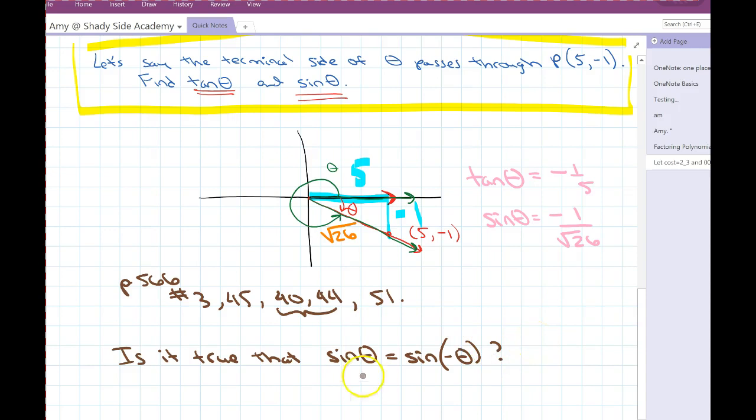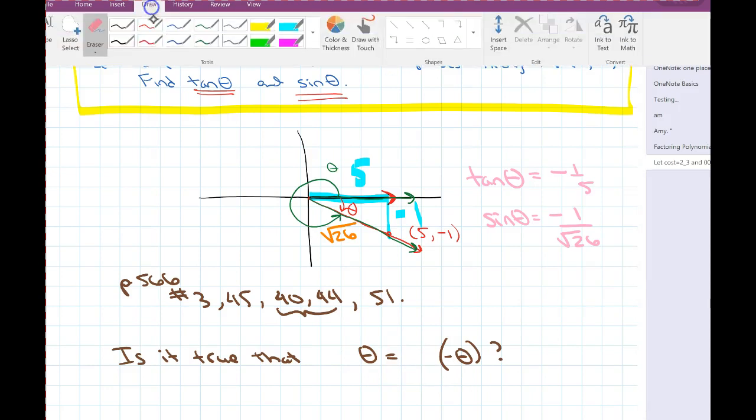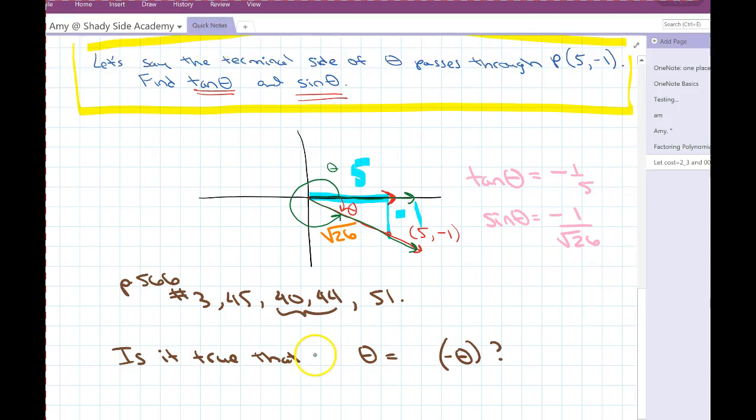So in other words, does sine 45 equal sine -45? Does sine 50 equal sine -50? Oh, blimey, hold on a second. I want to do cosine, for heaven's sakes. Sorry.